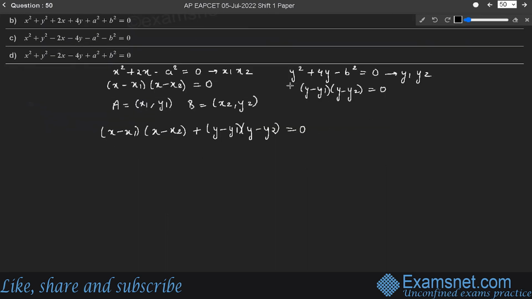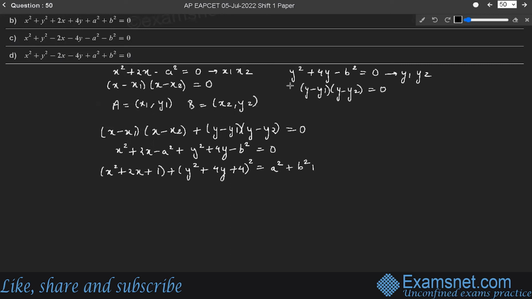Now, this will be equal to x square plus 2x minus a square plus y square plus 4y minus b square is equal to 0. Further, it can be written as x square plus 2x plus 1 plus y square plus 4y plus 4 is equal to a square plus b square plus 1 plus 4.